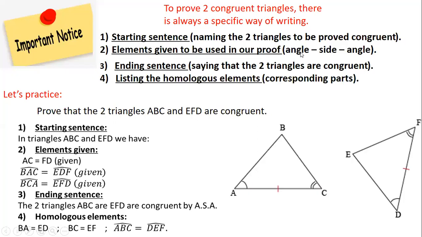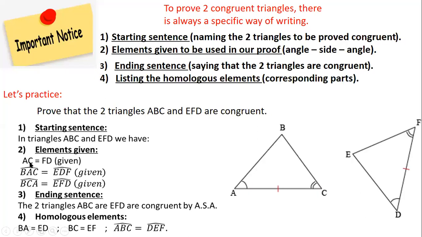According to this case, which is angle side angle, first I should look for equal sides. Who can tell me who are the equal sides in these two triangles? Yes, Adnan. The equal sides are AC and DF.